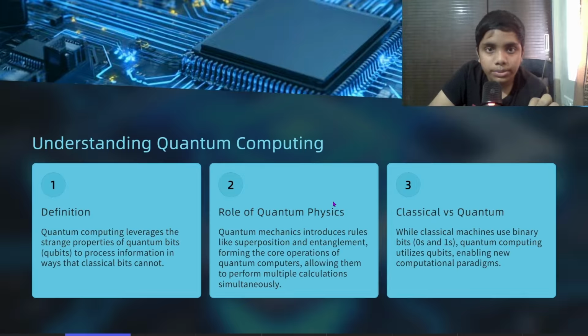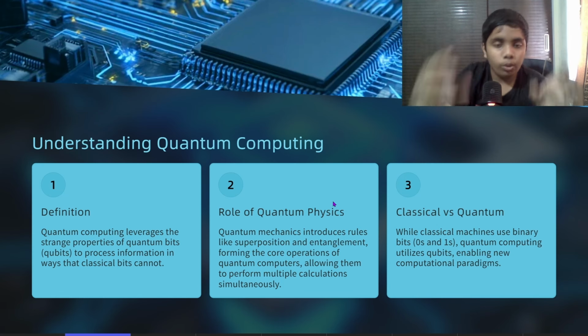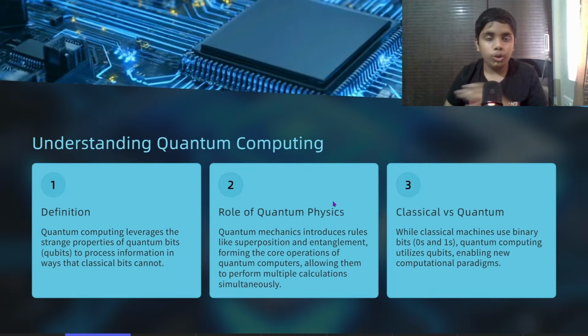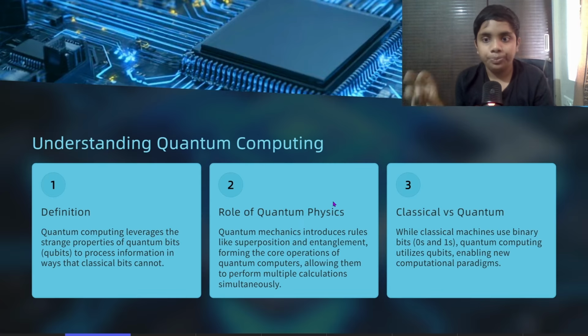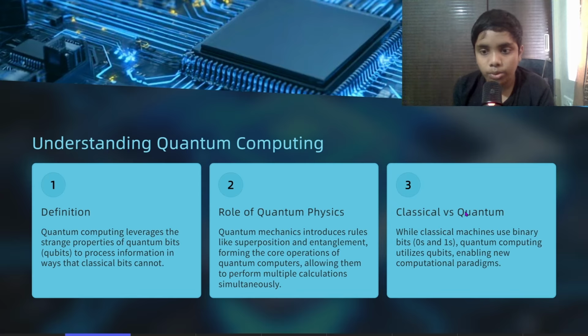In quantum physics, there are two things: superposition and entanglement. Quantum computing uses superposition and entanglement to work very fast and very accurately.